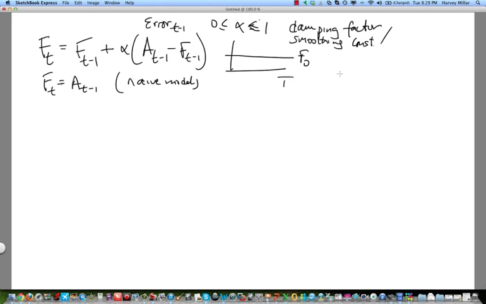Now, in a case when we have trend, if we look at our data and our data looks something like this, you say, oh, there seems to be some kind of increasing trend. With this increasing trend, if we were to use the exponential smoothing model, we are reacting. Because we are reacting, we're not anticipating the trend ahead of time, and so we'll be lagging in our forecast.